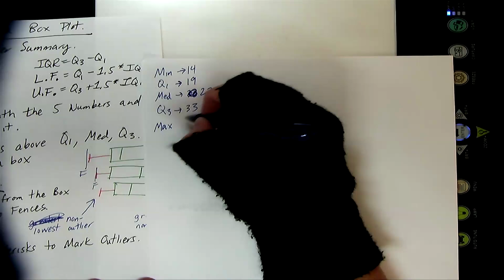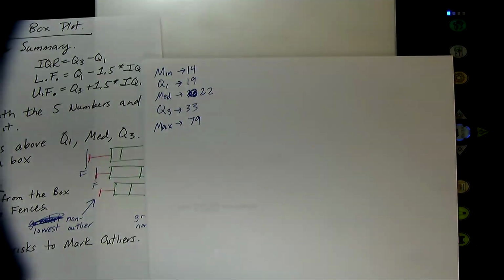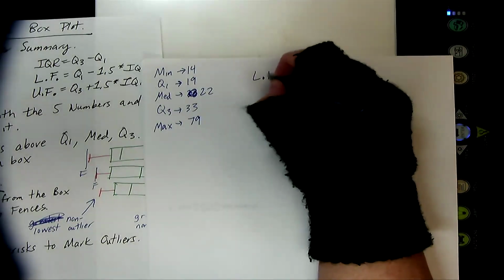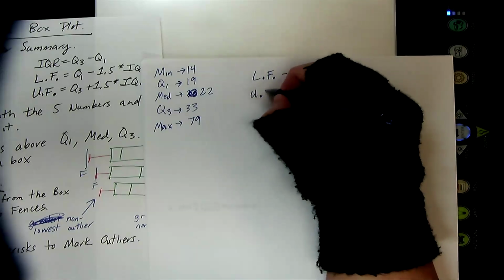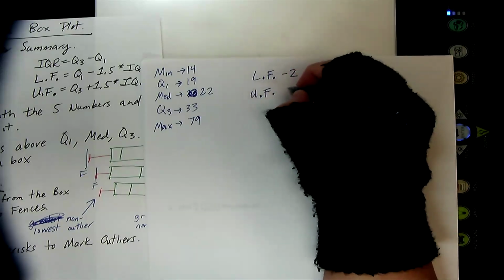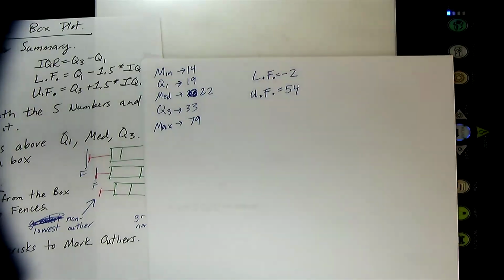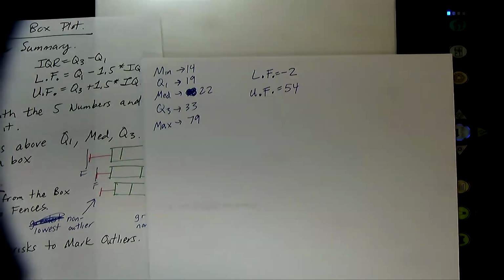Max was 79. And I had a lower fence at -2. And my upper fence, when we calculated it, was 54. We're gonna use those data values and we're gonna build that box plot.